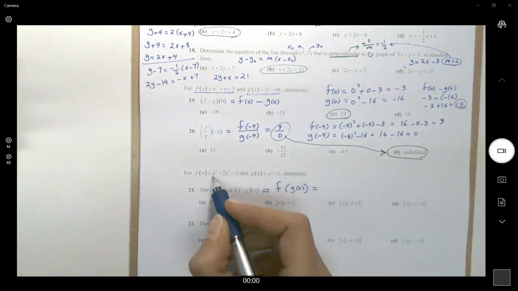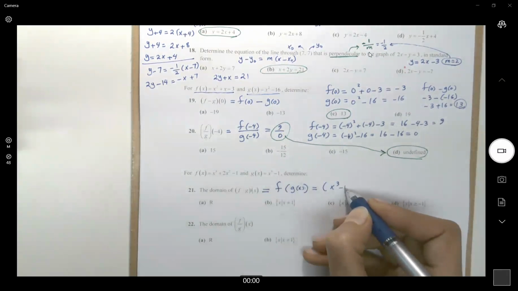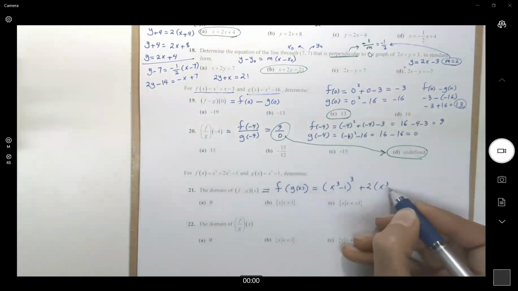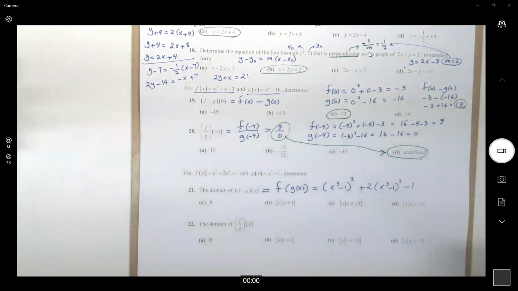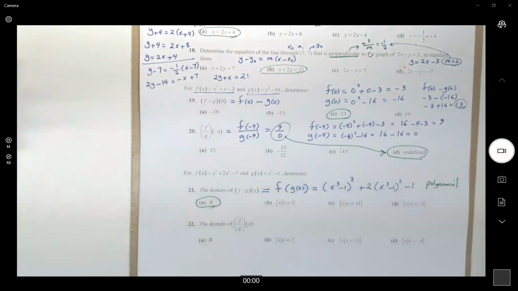This becomes x cubed minus 1 to the third plus 2 times x cubed minus 1 to the second minus 1. So as you can see, you have a polynomial. When you have a polynomial, the domain is always R.